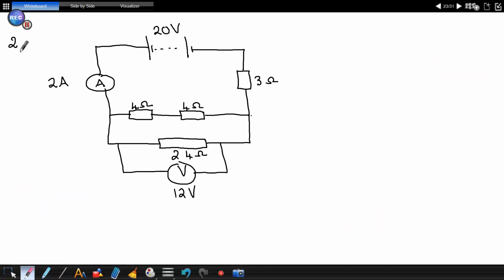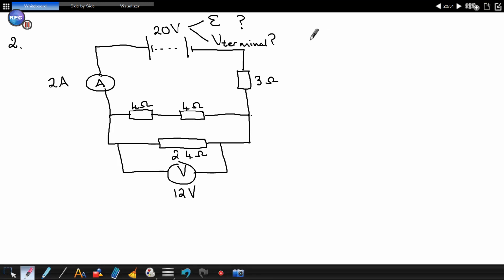So in our second example, we've got a circuit. They do not tell us whether this 20 volts is the EMF or the terminal voltage. We don't know at this point in time whether it's the EMF or the terminal voltage. But they do tell us that there is an internal resistance in the cell.